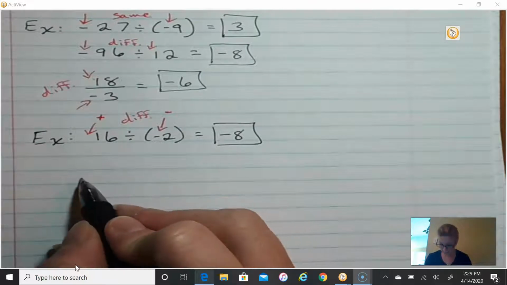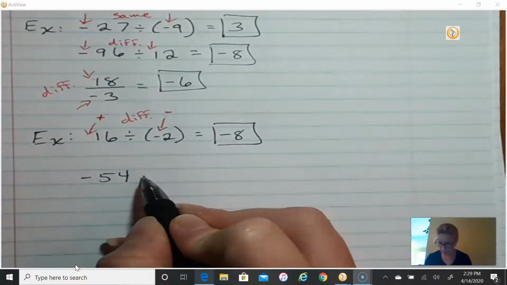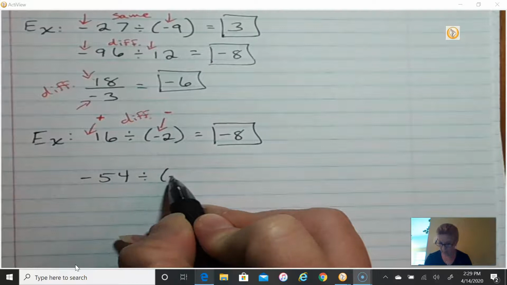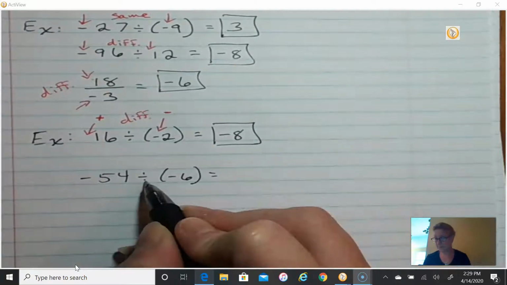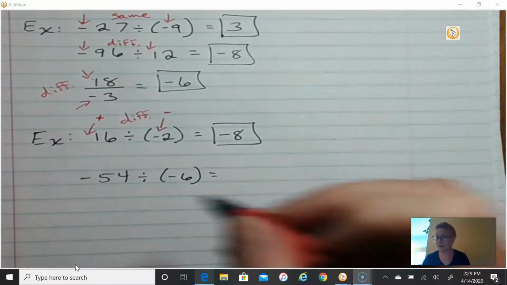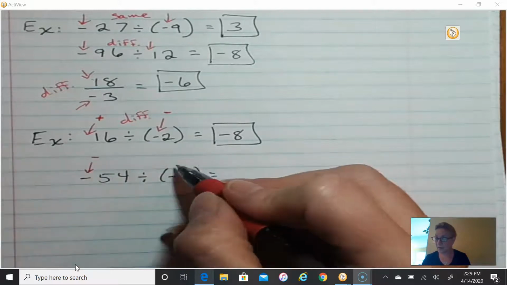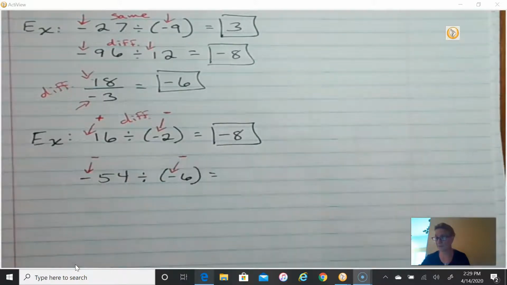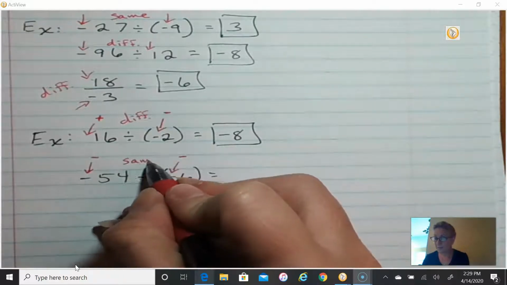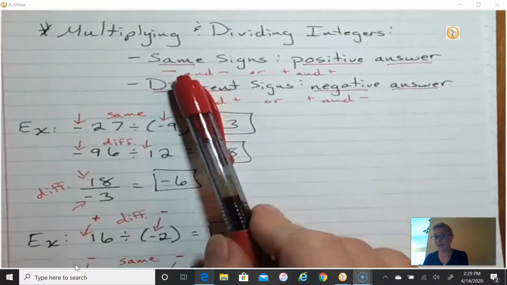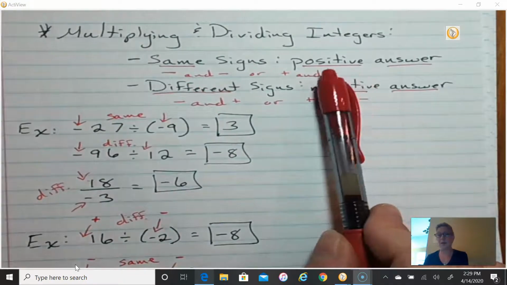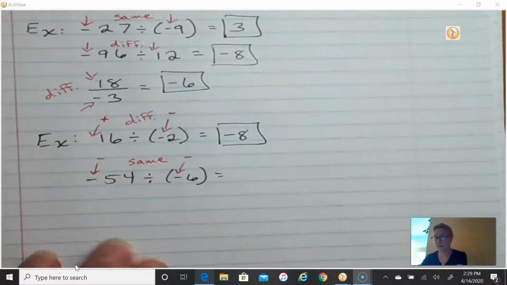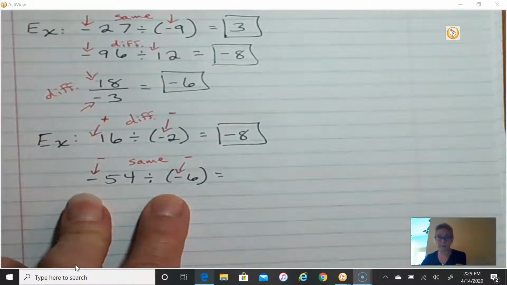Okay, how about negative 54 divided by negative 6? Okay, here I have a negative and another negative. The signs are the same. So if I have same signs, then I'm going to get a positive answer, even though these are negative. Okay, same as multiplication.